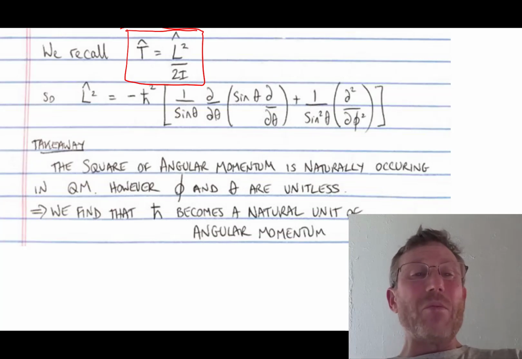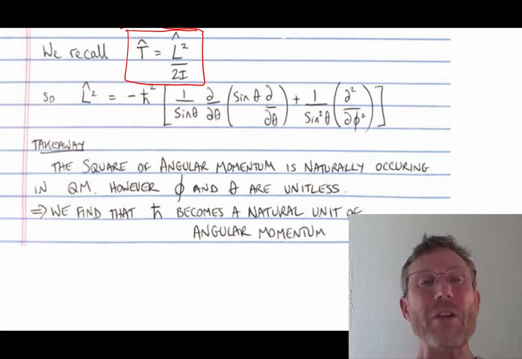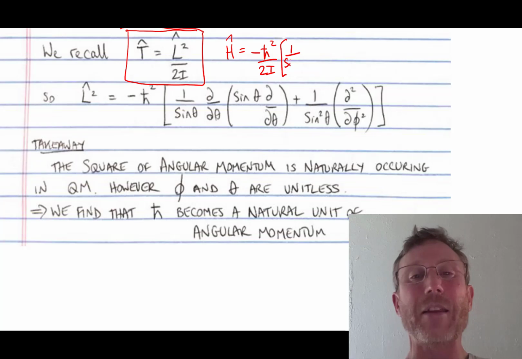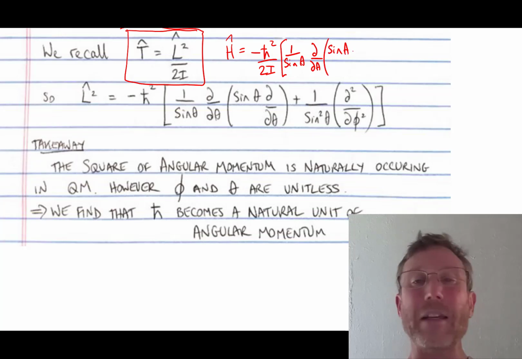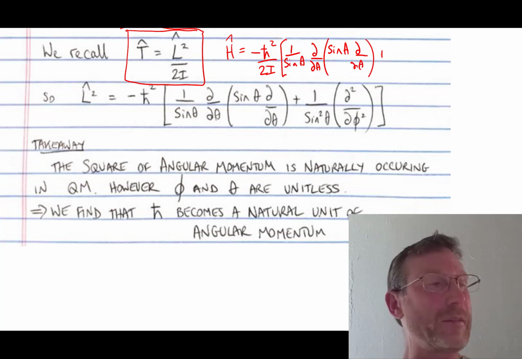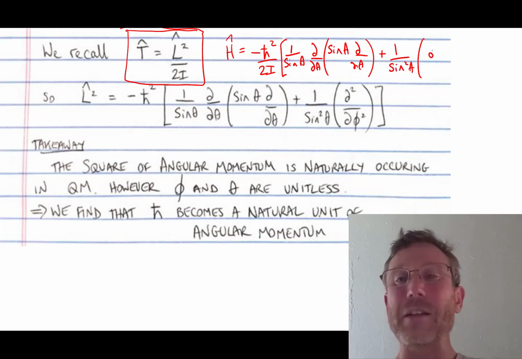So really what we've just shown in the previous slide is, remember, we've got H hat equal to minus h bar squared over 2I, and then in that square brackets we had 1 over sine theta, ∂/∂theta of sine theta ∂/∂theta, plus 1 over sine squared theta, ∂ squared/∂phi squared.